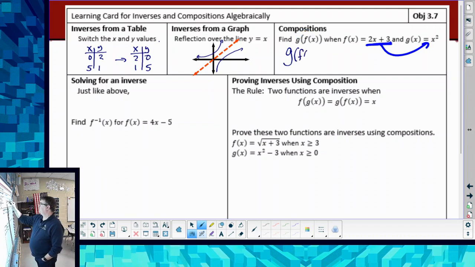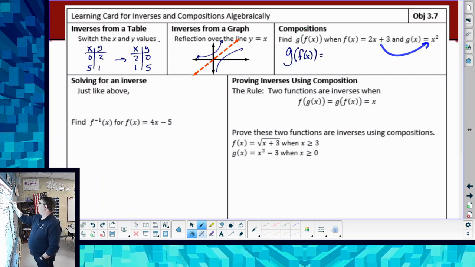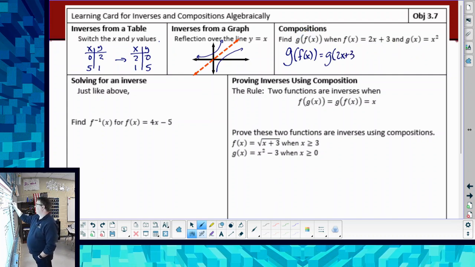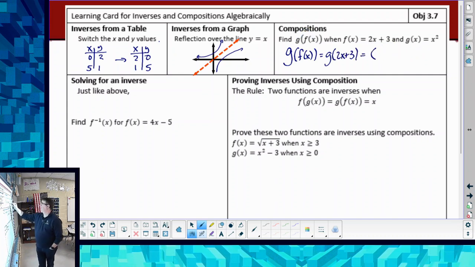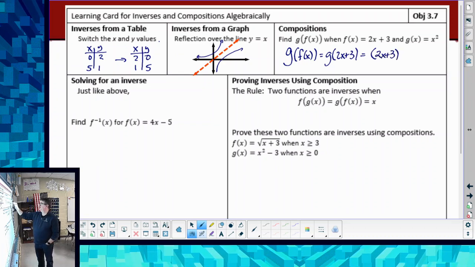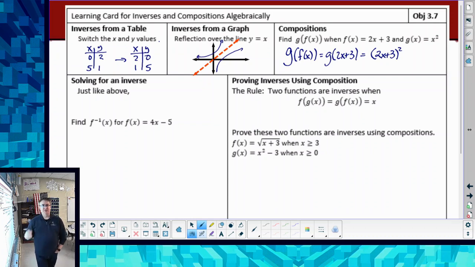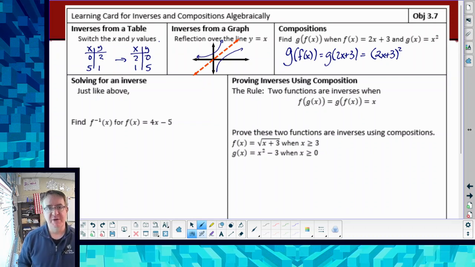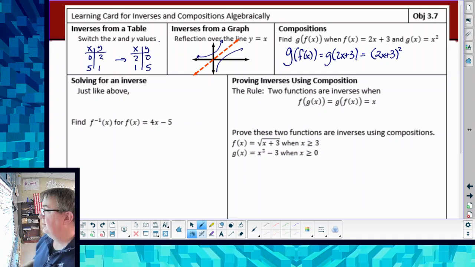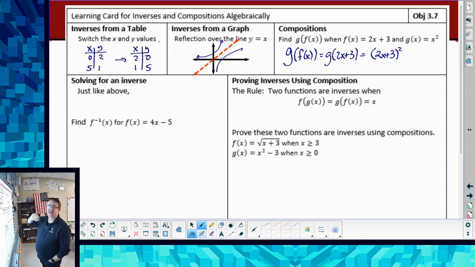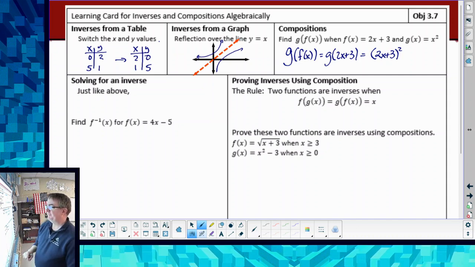So g of f of x is equal to g of, now f of x is equal to 2x plus 3, so that's going to take that place. And then everywhere I see an x, I'm going to write 2x plus 3 in its place. Now, if that was more complicated, I would probably multiply that out. I'm not going to do that for the sake of time. Plus, it just looks snazzy having a little binomial there squared, right?